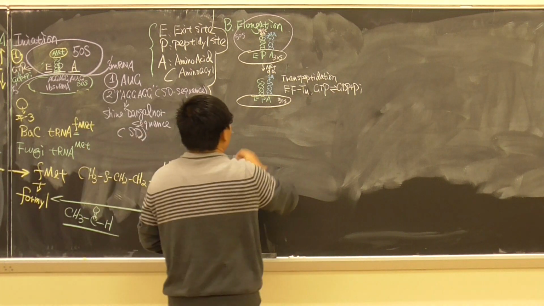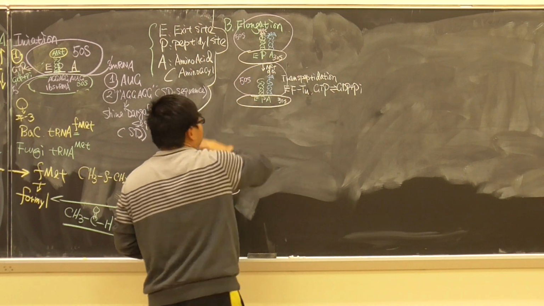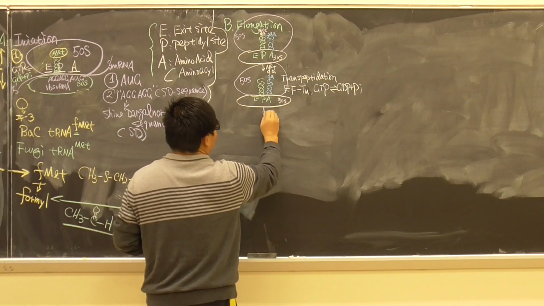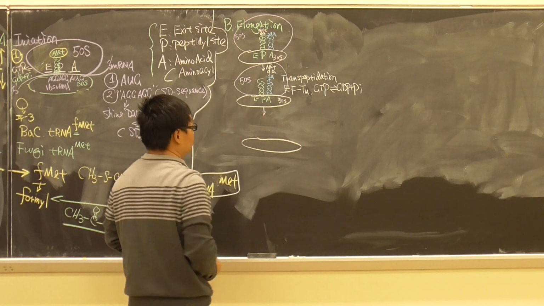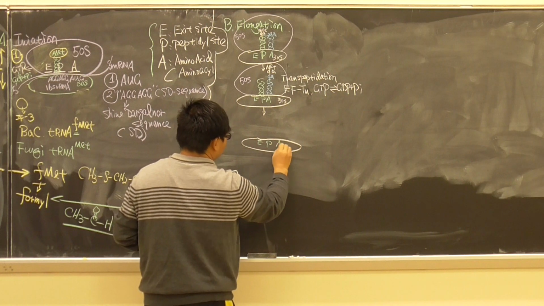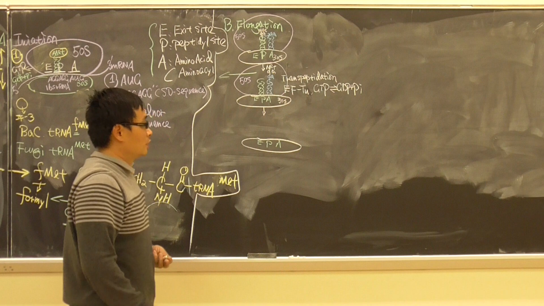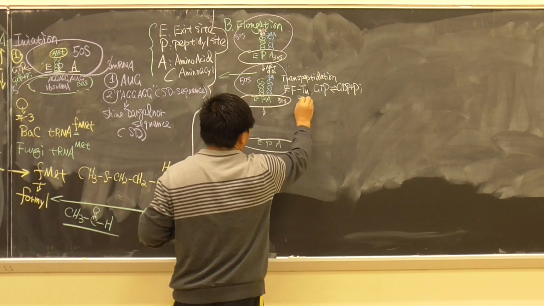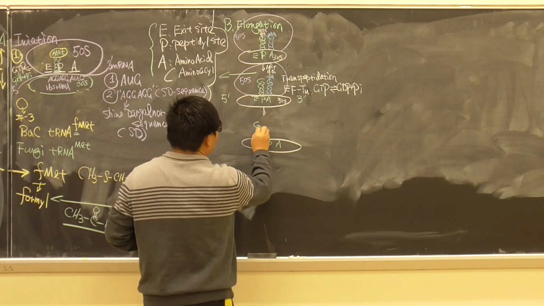Now of course we have this 50S subunit. Okay, next stage, what's going to happen? Go to the next one. I'll have right here, still EPA, 3 locations. This stuff is going to move from right to left, 5' to 3'. What's going to happen?